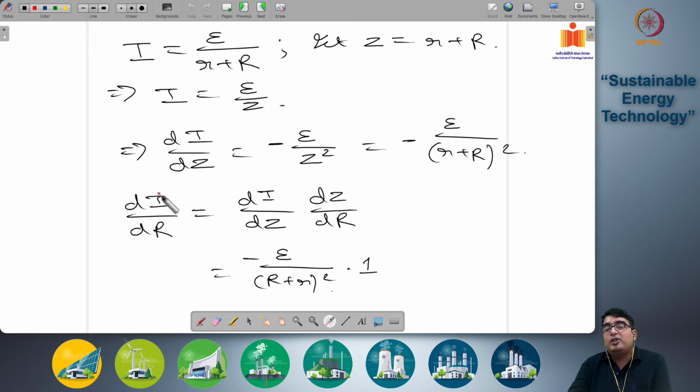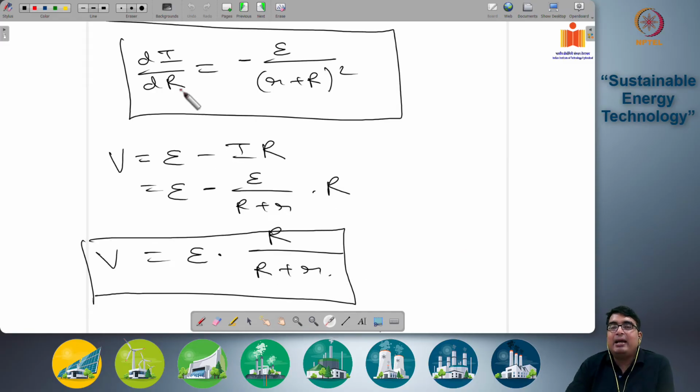Then the rate of change of current with external load, di d capital R, is di dz by dz dR. Now what is dz dR? It's 1, correct? So this becomes minus epsilon by R plus small r whole square, di dR. So di d capital R is also this expression here, minus epsilon by small r plus capital R whole square.